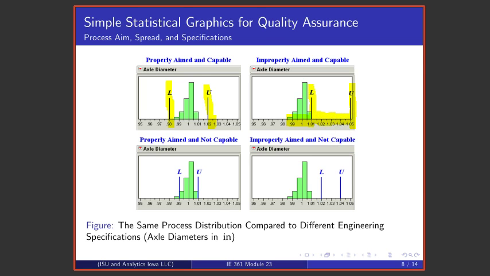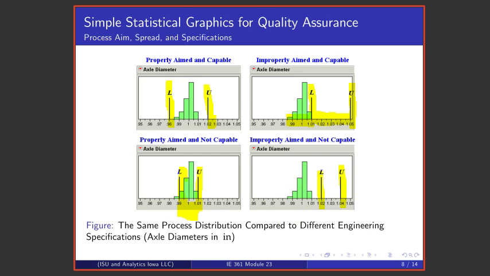In the lower left, that histogram will not fit between those 2 engineering specifications or engineering requirements. And in the lower right, that histogram not only will not fit between those 2 specifications, but it's not even aimed appropriately.